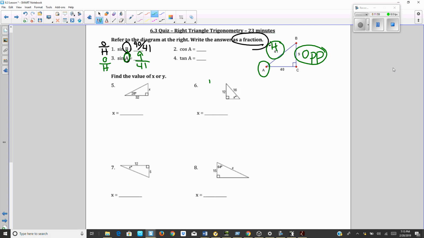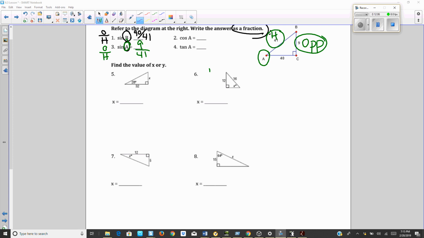A couple more of these. So number 5, 28 degrees is our angle. Cover up the angle. The side you're not touching is X, so X is your opposite side. Our hypotenuse is the longest side, the side opposite the right angle, so it's this side over here. We don't really need the hypotenuse because there's no number, no variable there.